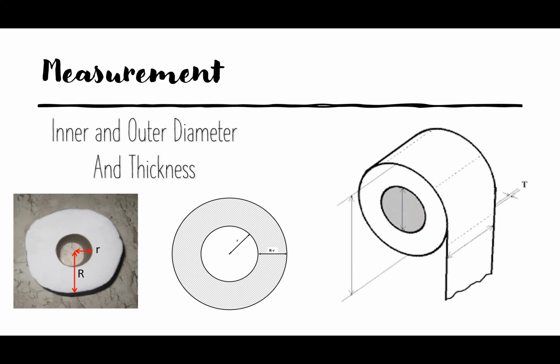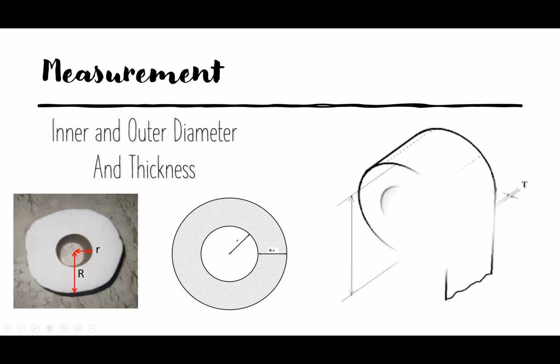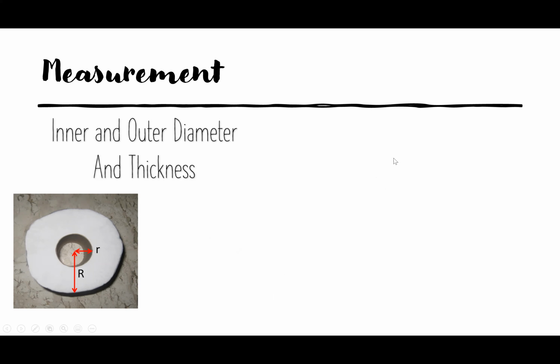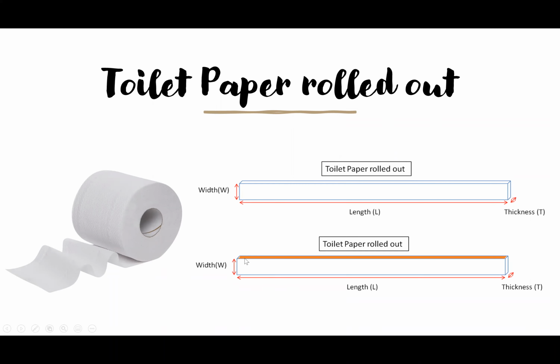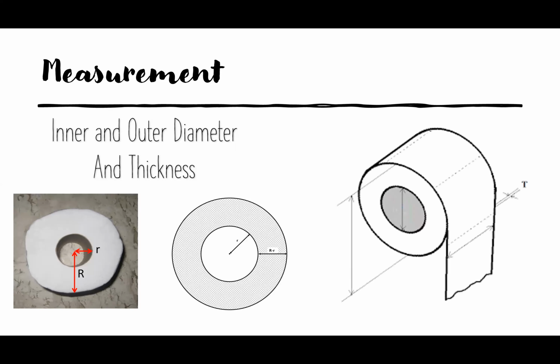Then we can measure the individual thickness, which is in the third picture I drew here, this T. The thickness of each individual toilet paper we call T. This T is exactly the same as my orange shaded area thickness T when the toilet paper is rolled out. So we finish all the measurements. Now we know the big R, the small r, and the thickness. Now let's do the calculations.